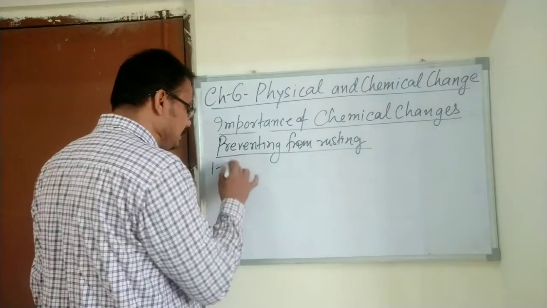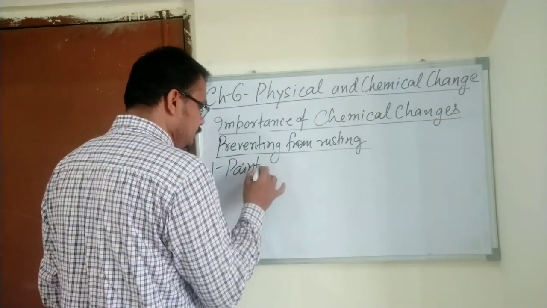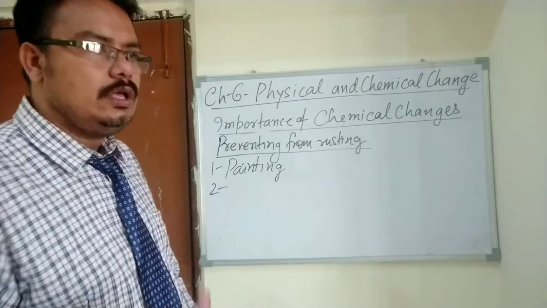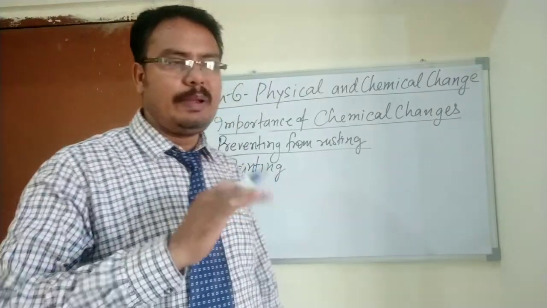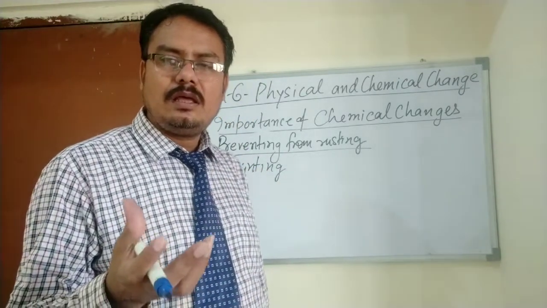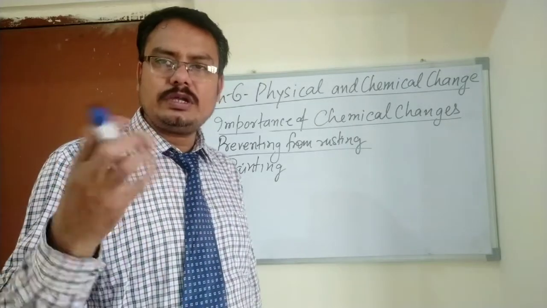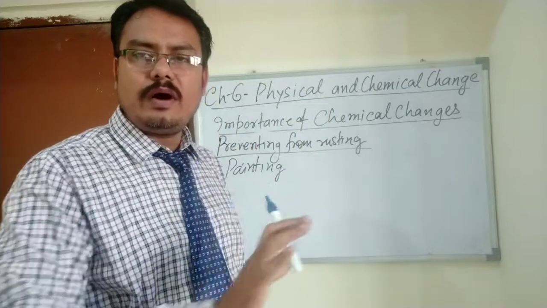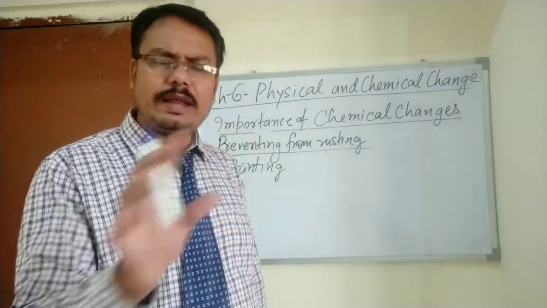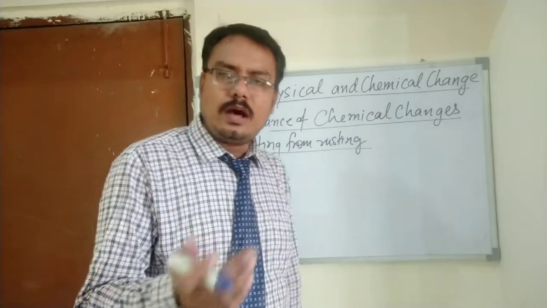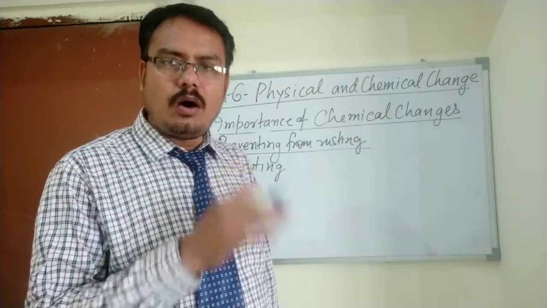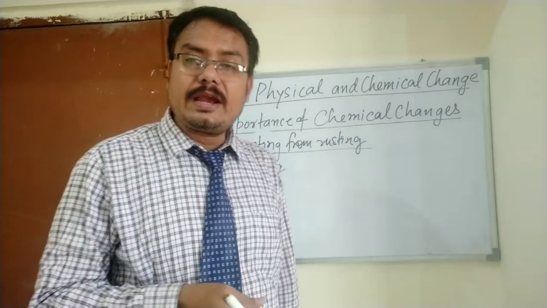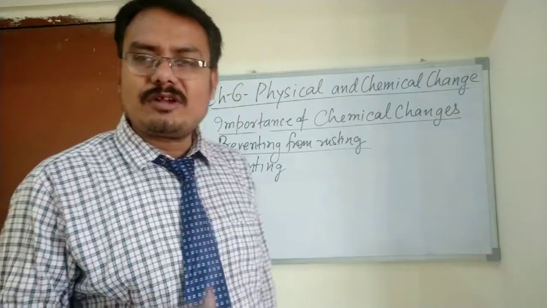So the first is painting. Next, student, if it is not possible to paint, you can just take a cloth, soak it in oil and put a layer of oil on that gate or iron object. Now this oiling or greasing is also a method of protecting the iron object from getting rust.